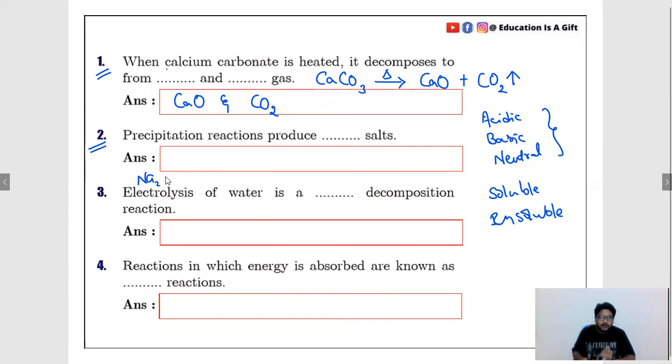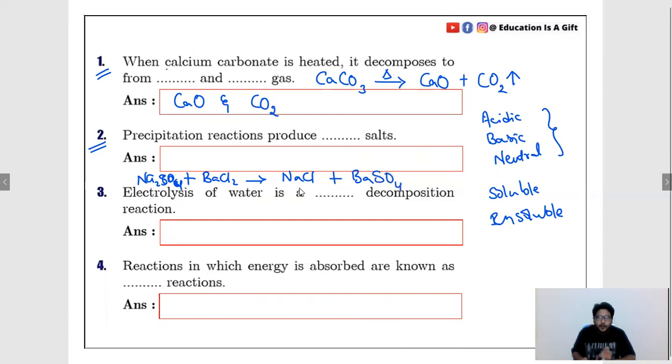Sodium carbonate Na2CO3 reacting with barium chloride BaCl2 gives NaCl, sodium chloride, plus, or you can go with sodium sulfate Na2SO4, we will get BaSO4.